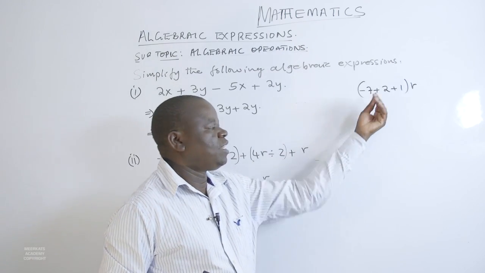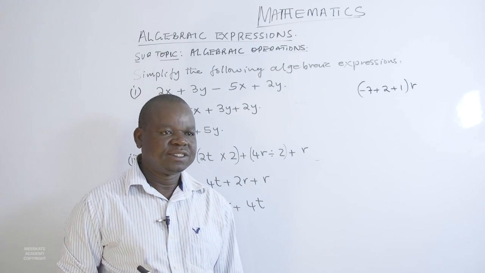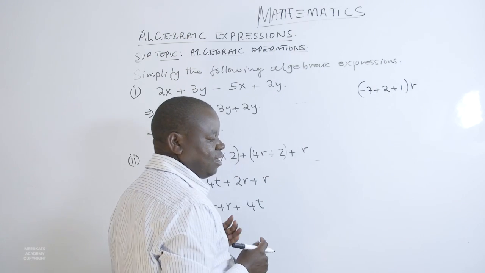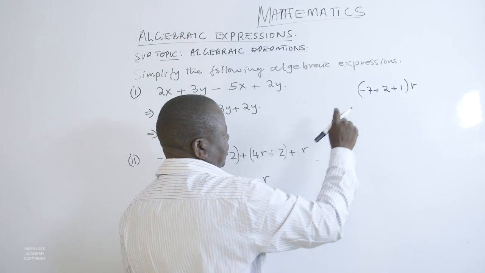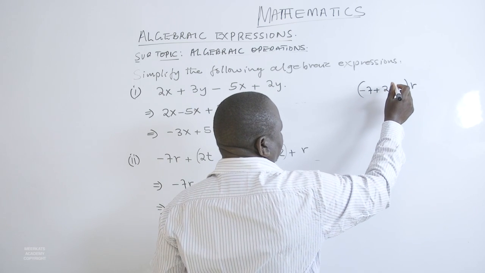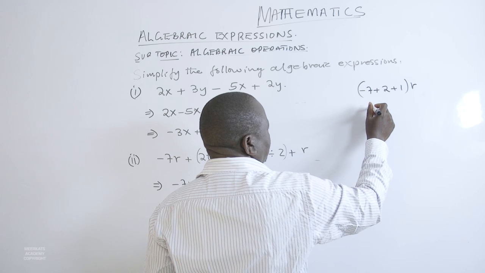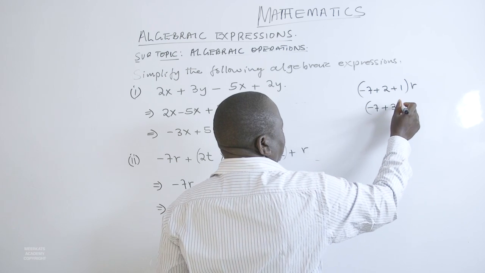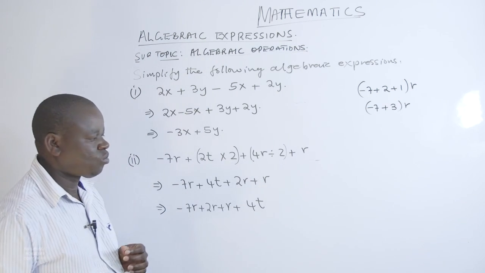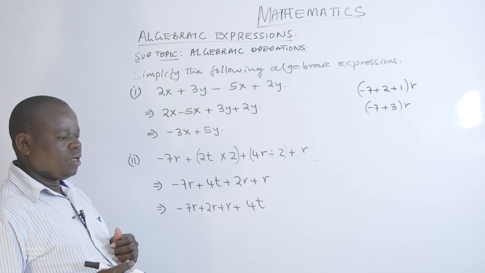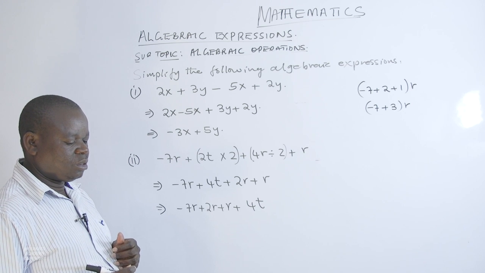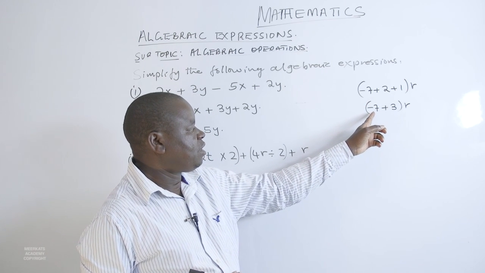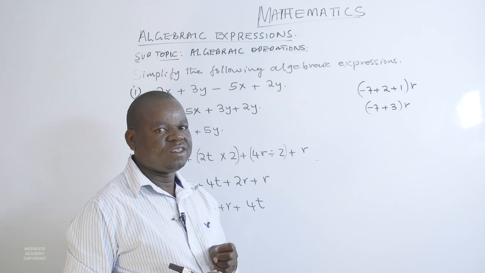So whatever we remain with within the bracket are coefficients. So we add the positives and negatives together to get the result. This is negative 7, this is positive 2, this is positive 1. So we get minus 7 plus 3. I need 7, but what I have is 3.